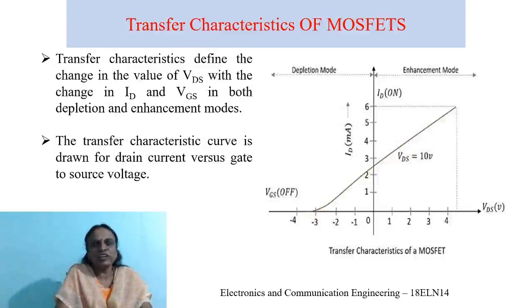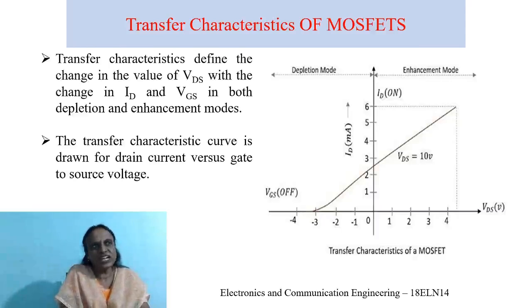Next, moving on to the transfer characteristics of MOSFET. We know the MOSFET works in two modes. Recalling the classification of MOSFET: enhancement mode N channel, enhancement mode P channel, depletion mode N channel, and depletion mode P channel. Referring back to the classification, we can draw the transfer characteristics of MOSFET.